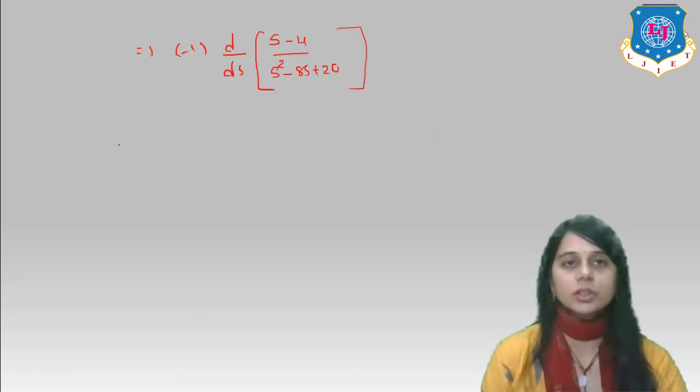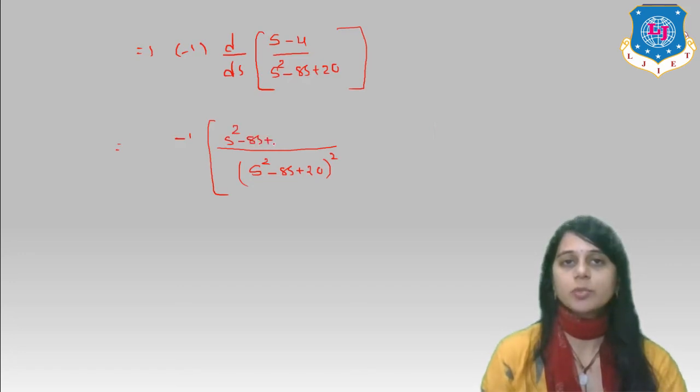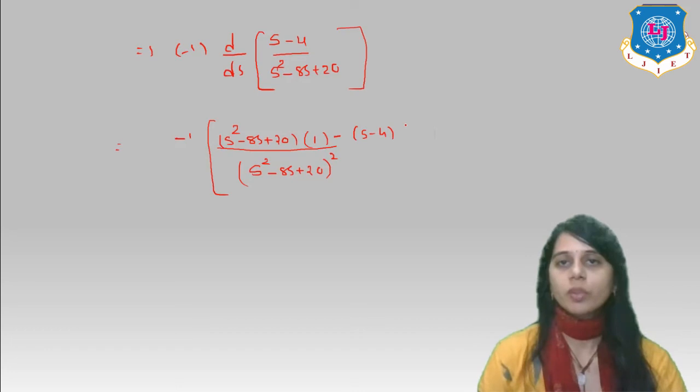Now taking the differentiation, minus, denominator (s square minus 8s plus 20) whole square, numerator (s square minus 8s plus 20) as it is. Differentiation of s minus 4 is 1, minus (s minus 4). Differentiation of s square minus 8s is 2s minus 8. Okay.